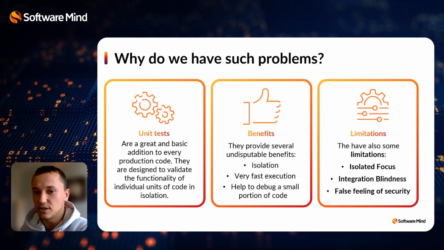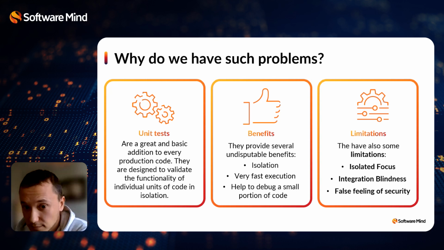They have their limitations. Their greatest strength, which is the isolated focus on the unit of code, may become their biggest limitation, which we've seen already in the previous example of our doors. They were working correctly, but together they weren't.